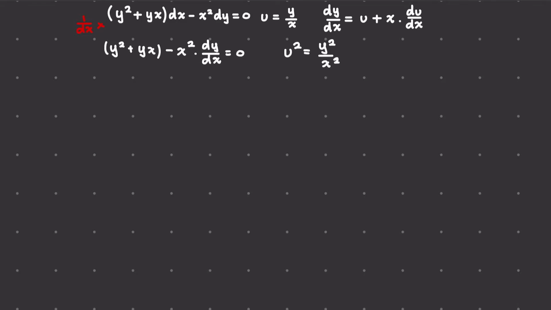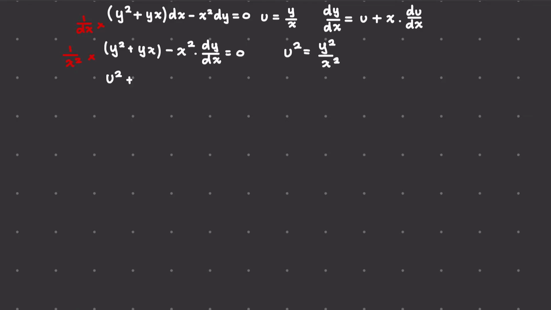Okay, so now let's multiply everything here with 1 over x squared. And we know that y squared over x squared here is just u squared, plus y times x divided by x squared.